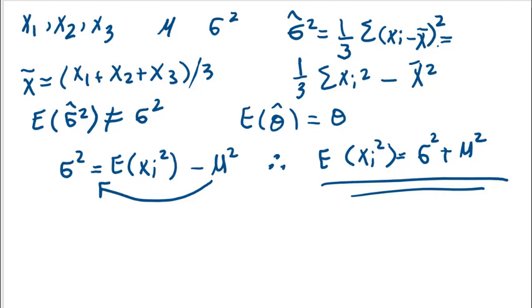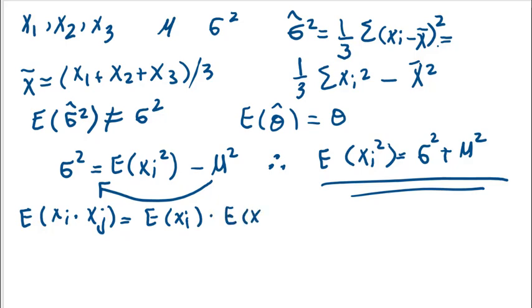On the other hand, expectation of xi multiplied by xj is equal to expectation of xi times expectation of xj, with the condition that xi and xj are independent.